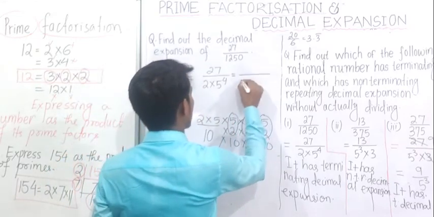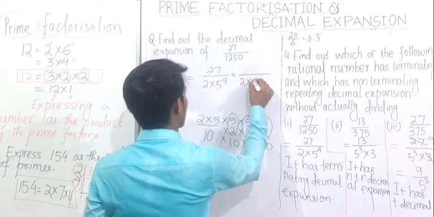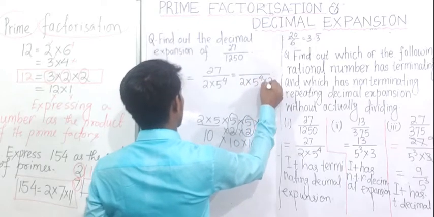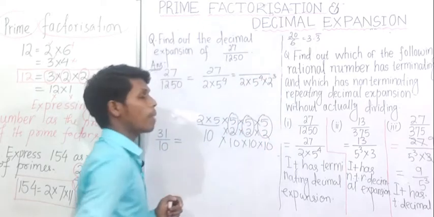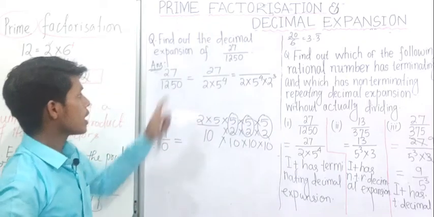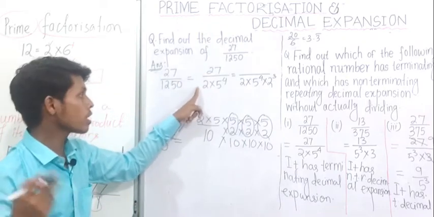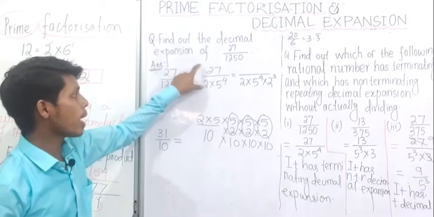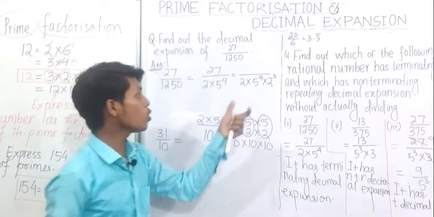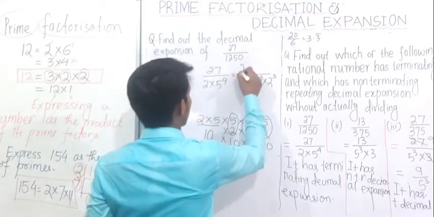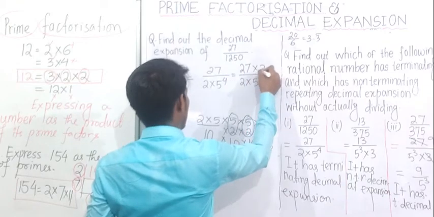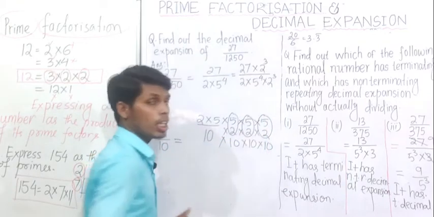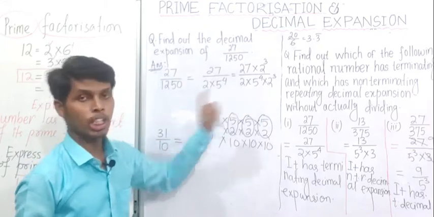So if we multiply, what will we get? We will get 2 into 5 to the 4th into 2 cubed. And as we multiply anything in the denominator, the value of the fraction will be changed, and to make it equivalent, what will we need to do? We will need to multiply that same 2 cubed in the numerator just to keep this equivalent.